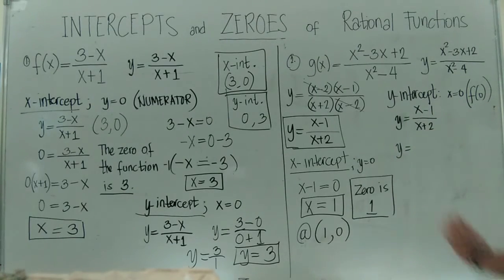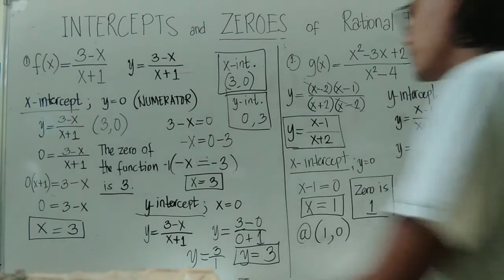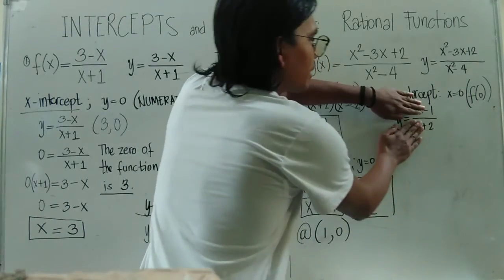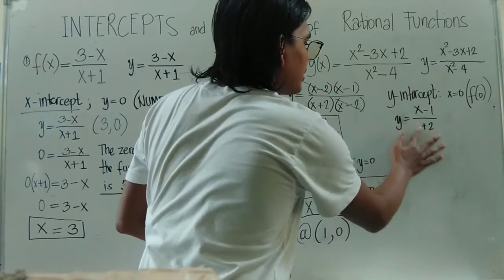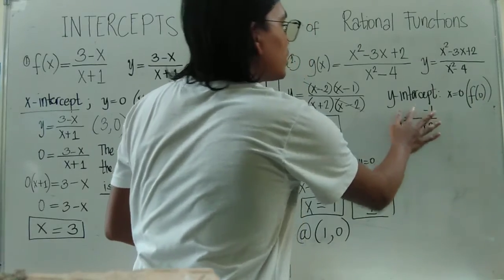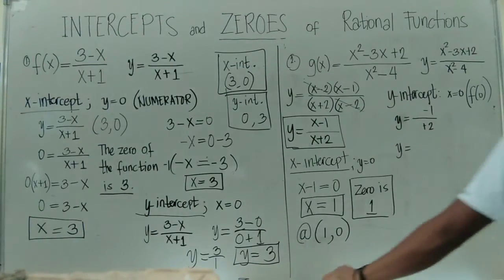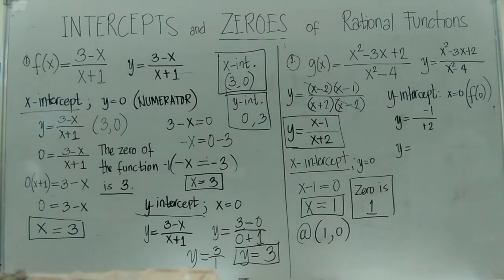So guys, if you can see, we are eliminating x as a variable because x is 0. So x will be eliminated. By common sense, if you would just cover your x or simply eliminate your x right away, you will have the value of negative 1 over 2.